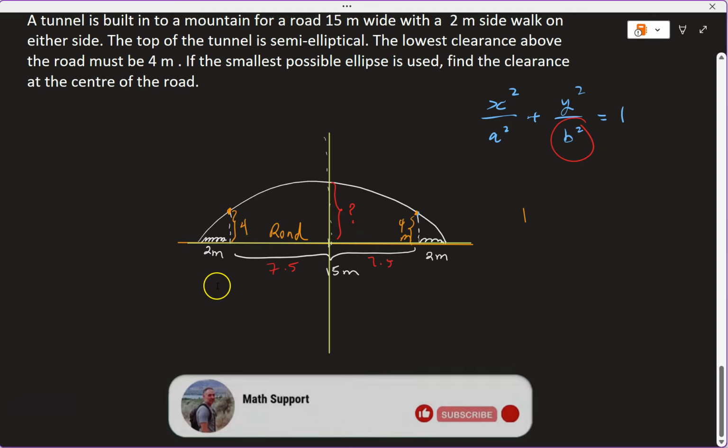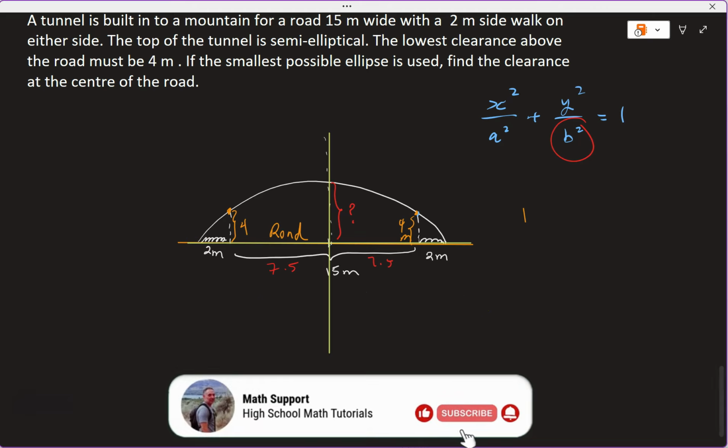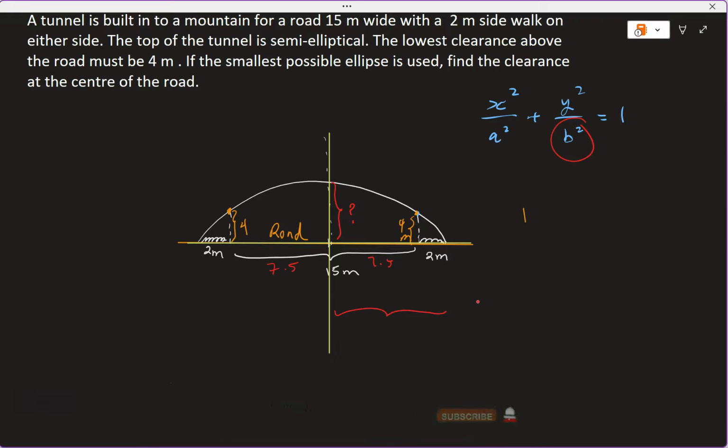But the actual length of the major axis is 7.5 plus 2, in this case 9.5, and on this side it will also be 9.5. That makes sense, that's 15 plus 4, which is 19. So your a value is 9.5.